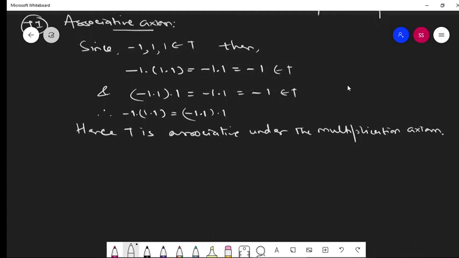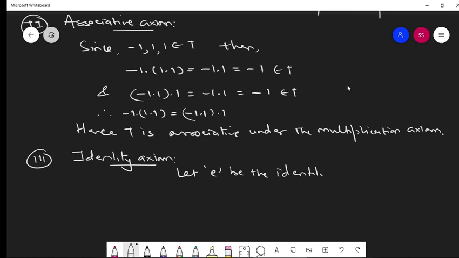Now we move to the third property, that is the identity axiom. For the identity axiom, we have to suppose an element. Let E be the identity element.